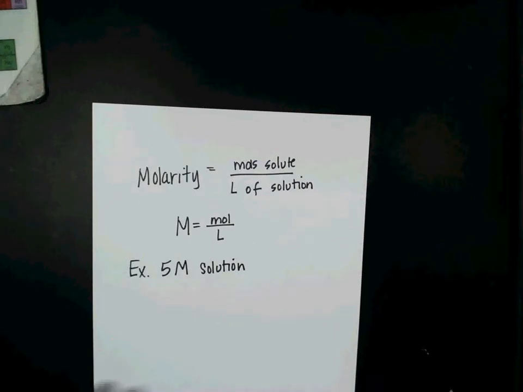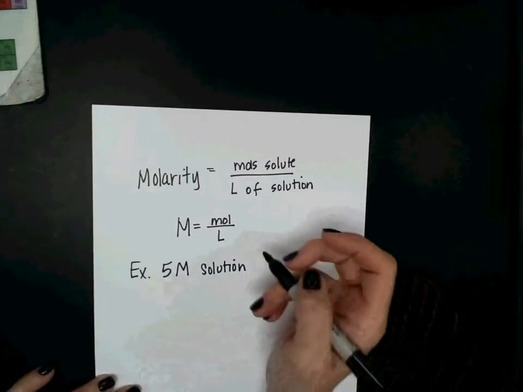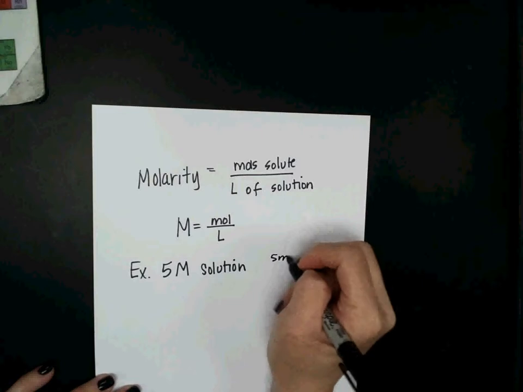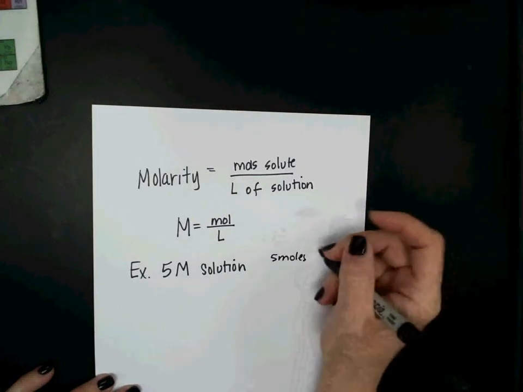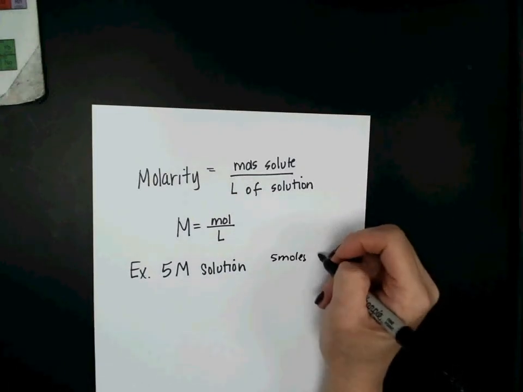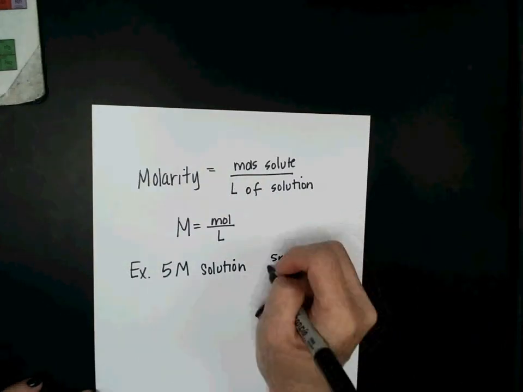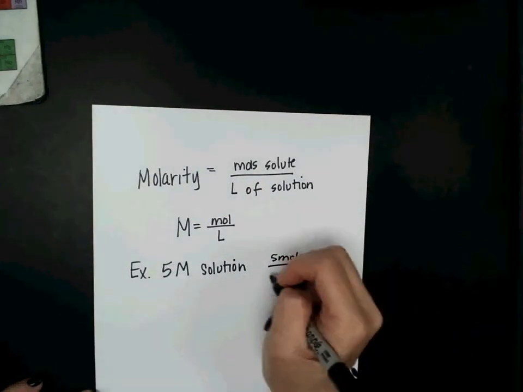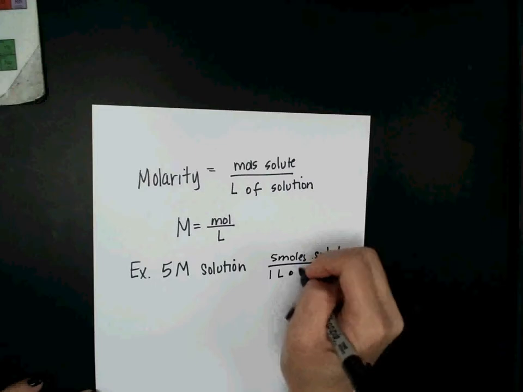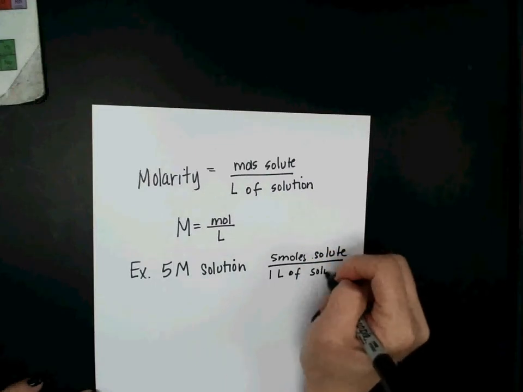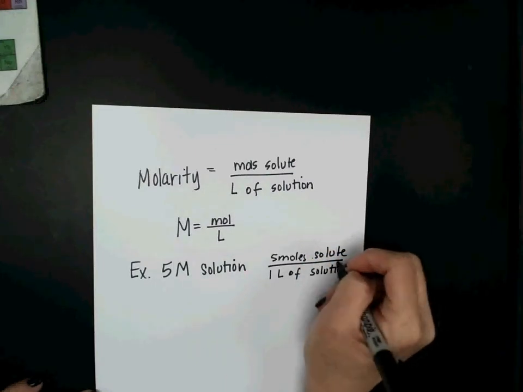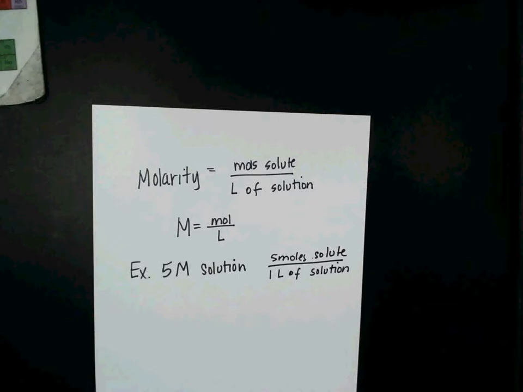That means I have 5 moles of solute per 1 liter of solution. Notice I didn't say 1 liter of solvent. I said 1 liter of solution.